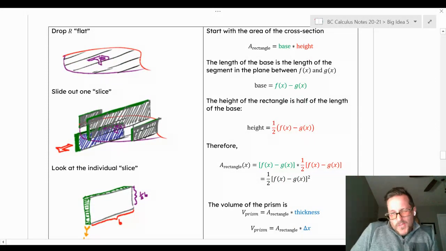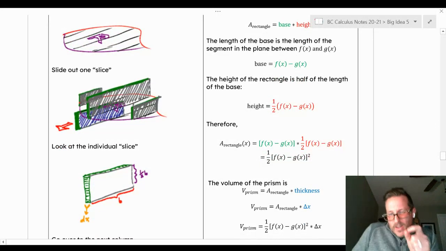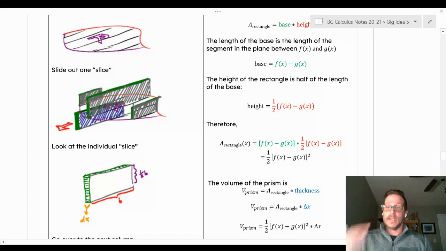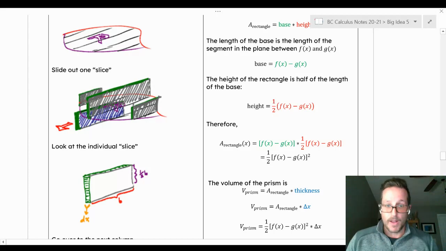Slide out one of the pieces, and that individual slice is going to be a rectangular prism. That rectangular prism has a dx thickness. It's got a base that is in the xy plane, and it's got a height that is protruding from the xy plane that is half of whatever that base length is.